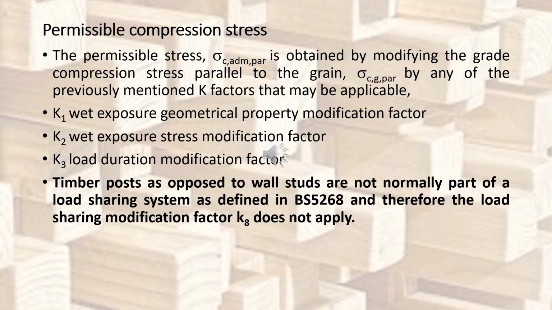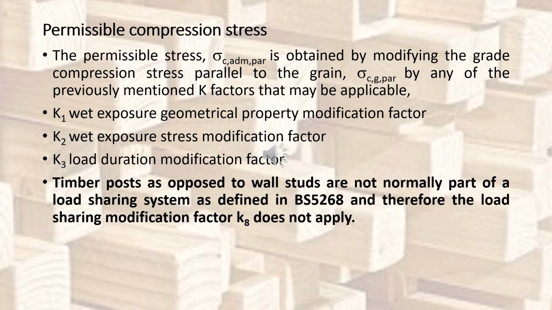Now, the second part is the permissible compression stress. The permissible stress, again parallel to grain, is obtained by modifying the grade compression stress, again parallel to grain, by specific K factors, by specific modification factors that may apply to the situation.